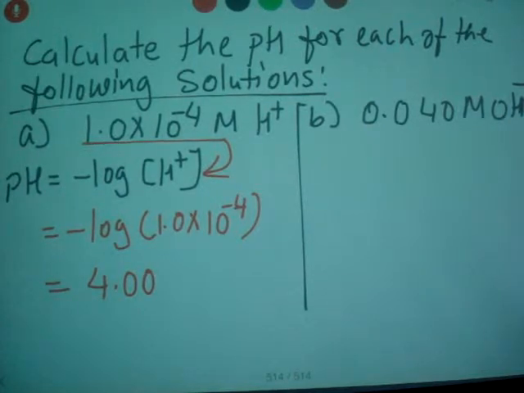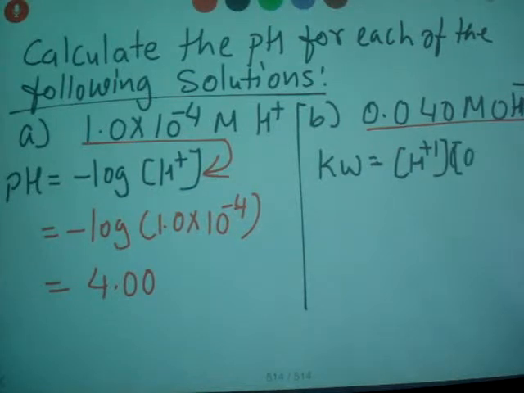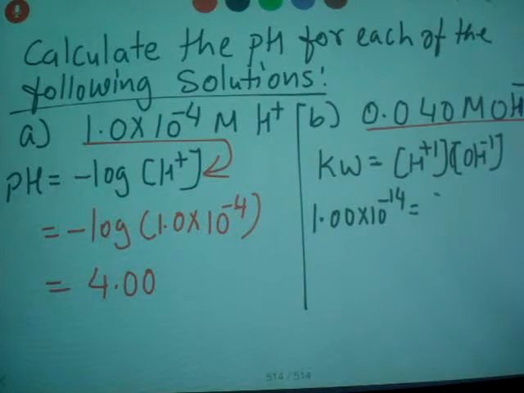Now, in here the OH minus concentration is given. You know that Kw equals H plus ion concentration times OH minus concentration, and when we plug those values in, we know Kw is 1.00 times 10 to negative 14, equals H plus ion concentration times 0.04, the OH minus concentration.